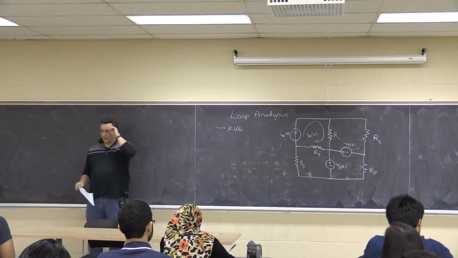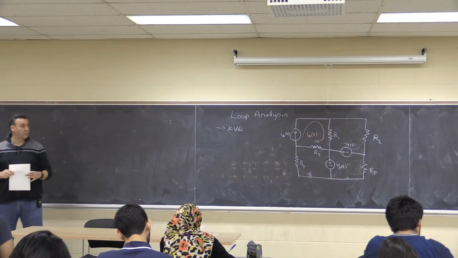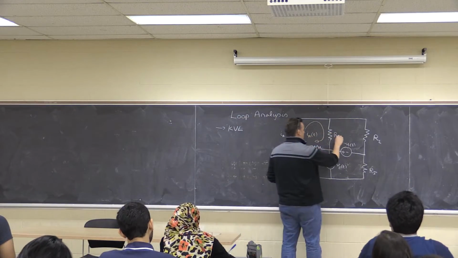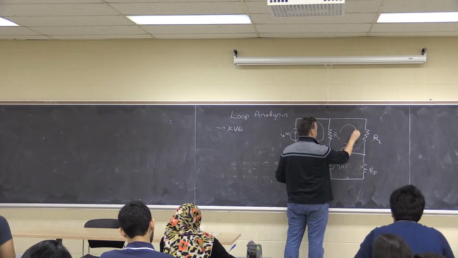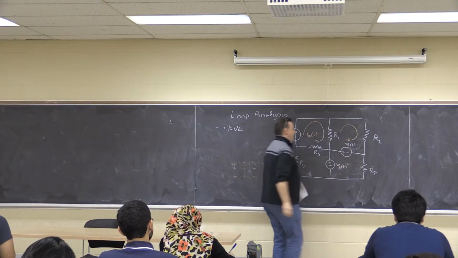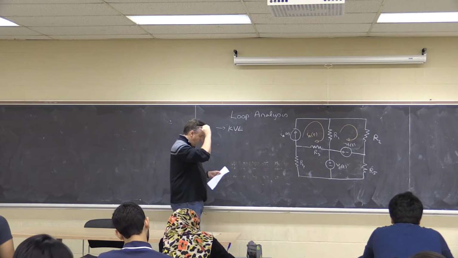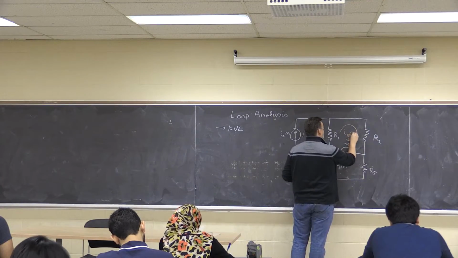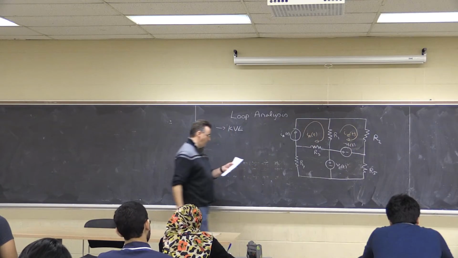For the other loops in the circuit, I can go around and make the same definition. In this second loop, there'll be a current flowing in that sense, and we'll call this I B, and we'll keep the convention of a function of time.